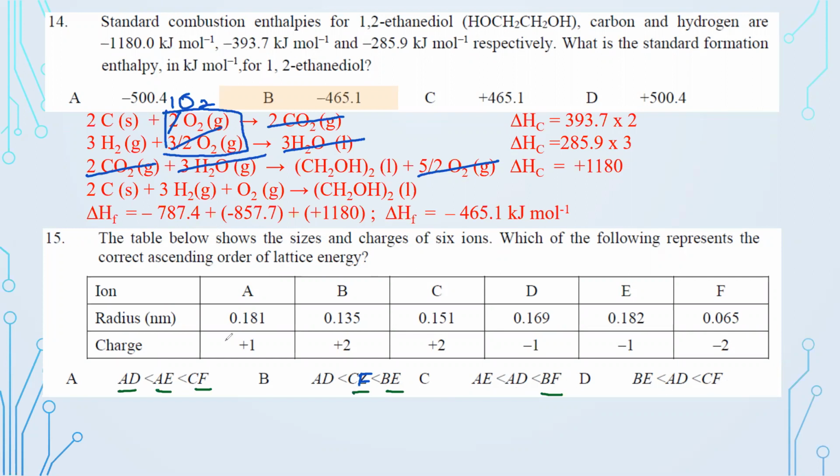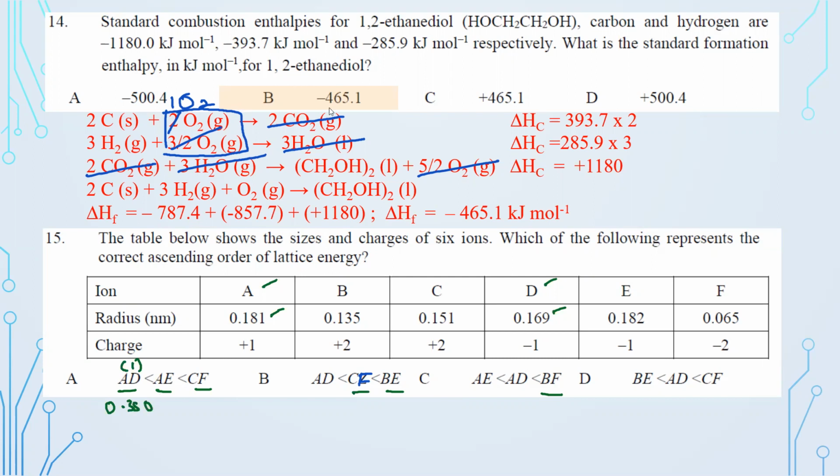So if we arrange the 6, AD is plus 1 minus 1, so the product of charges is 1. The total interionic distance in here is 0.350.